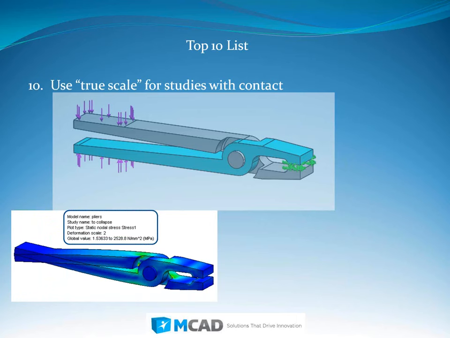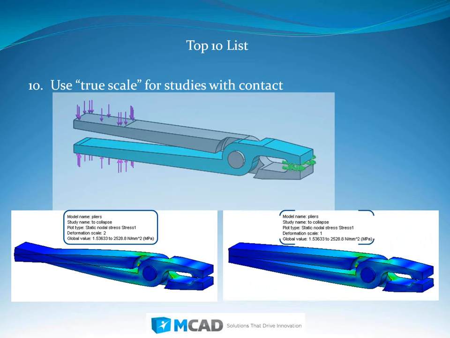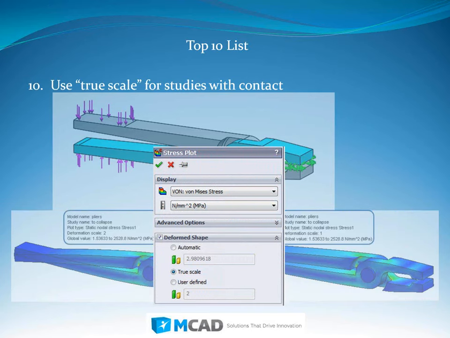So here's a deformation scale of 2, where you actually get what appears to be interference between the plier handles. And anytime you use contact, you really want to use the deformation scale of 1, or what we call true scale, within the interface. And to access that, you edit the plot in question, and then go into the deformed shape mode and switch that over to true scale.